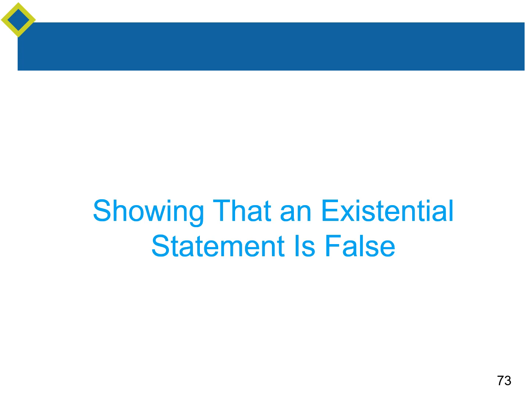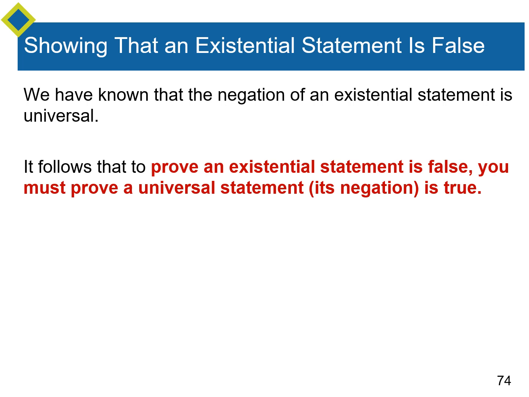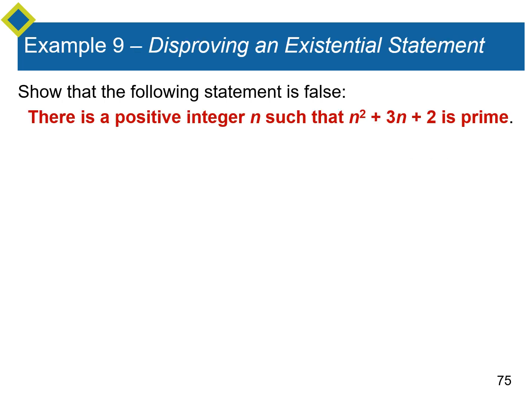So how do we show that an existential statement is false? We know that the negation of an existential statement is universal. It follows that to prove an existential statement is false, you must prove a universal statement is true. Example: there is a positive integer n such that n squared plus 3n plus 2 is prime.